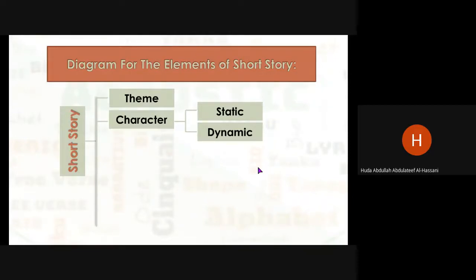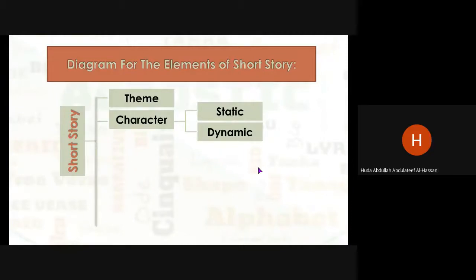Any character, even if not the hero, that can be changed through the course of the story, he will be a dynamic character. For example, even the antagonist, it is not a hero, it is the one who will cause problems to the hero, called antagonist.